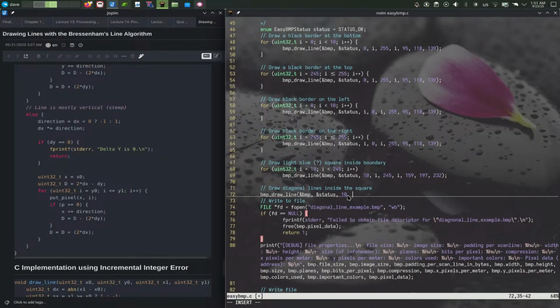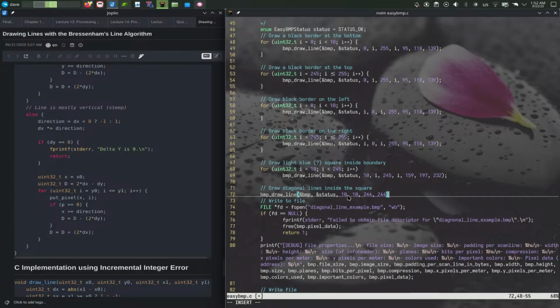So its starting Y would also be 10. Its ending X would be 245, and its ending Y would be, I don't know, 245 as well? Doesn't go all the way to 245. That's where the border is, right? Okay. So this doesn't go to 245. This goes more to like 244. I guess the Y is 244?